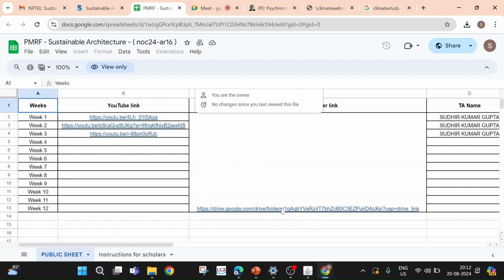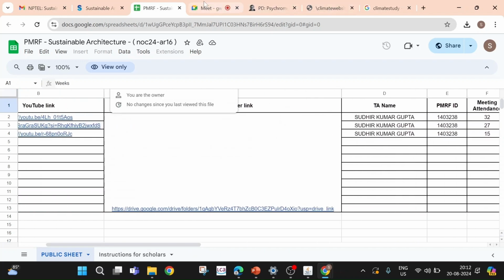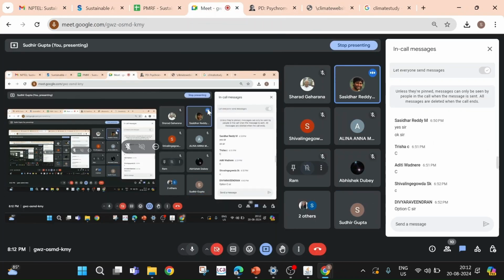There is also a OneDrive link where you will get access to the presentations or PDF files discussed in the problem solving sessions. You can log in through your Gmail with your application ID and easily access the materials if for some reason you were not able to join till now.